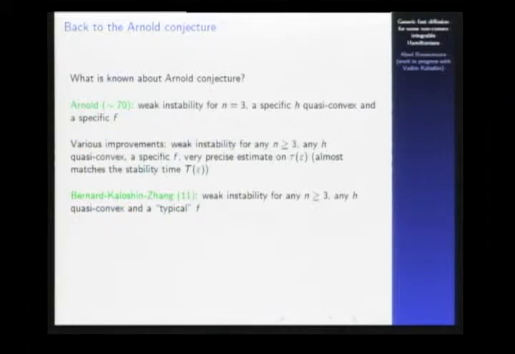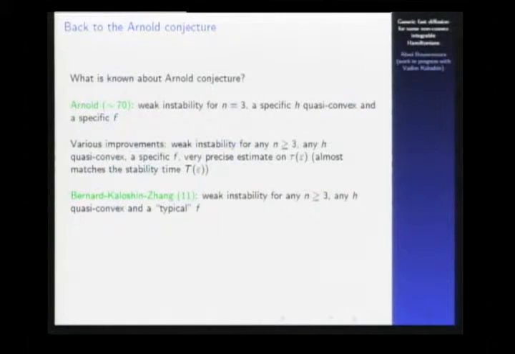This typical f is related to a condition that Mather introduced, because Mather made an announcement about this conjecture of Arnold some time ago. Mather called it cusp generic, but we have to be careful that it's not generic in any sense. For example, it's not even dense. I will not define it because it's a bit long. But still, it's more than one example, it's a large class, and it's really non-trivial.